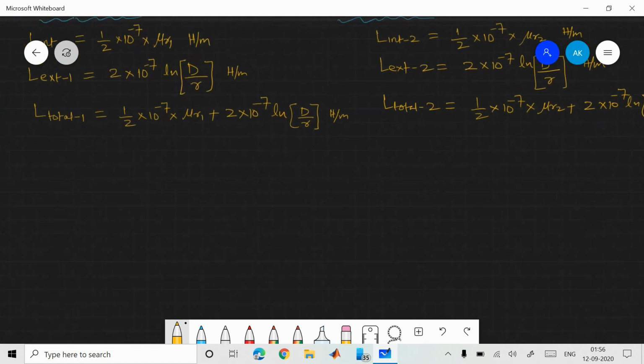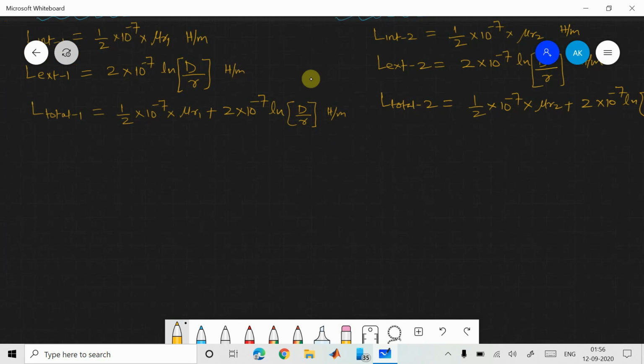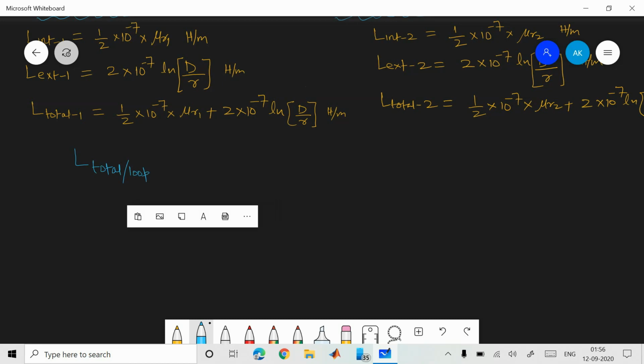So what will be L total for both the conductors, L total of the loop? One is the forward conductor and the other is the return conductor, so they form a loop, a closed circuit. So L total will be L total 1 plus L total 2, the L total of the first conductor plus the L total of the second conductor.